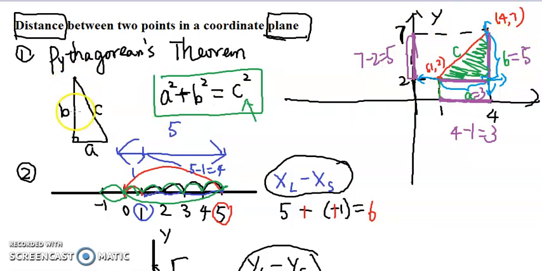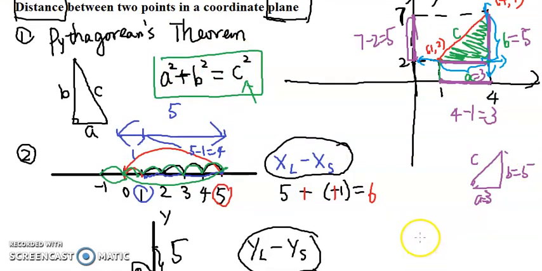Now we can go back to the Pythagorean theorem. So we have this right triangle, and we can put it down here. A is 3, B is 5. So how do we solve for C? Now we plug the numbers back into the Pythagorean theorem. The Pythagorean theorem says A squared plus B squared equals C squared, which tells us 3 squared, replacing A with 3, plus 5 squared, replacing B with 5, equals C squared.